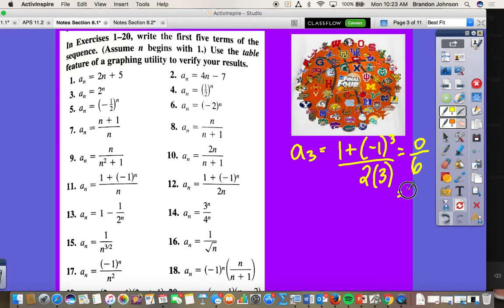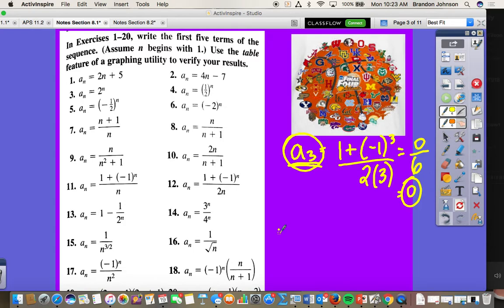So the third term is 0. How do y'all feel algebraically? Just plugging in numbers? I told you it's not too bad. Just know the terminology: when we say a sub 3, that means the third term of whatever sequence we're finding.